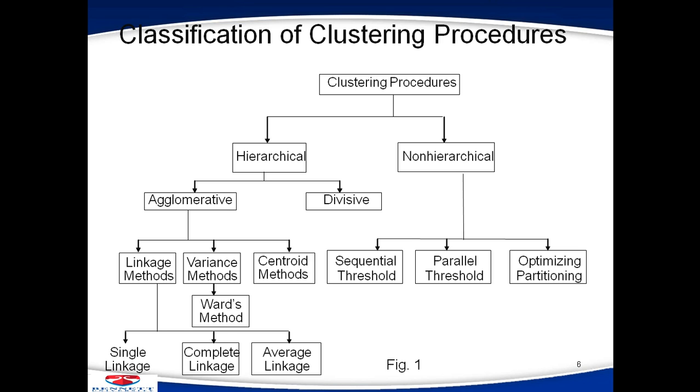The variance method is Ward's method, and the linkage method can be divided further into three parts: single linkage, complete linkage, and average linkage. So in the current presentation we will discuss hierarchical, agglomerative, divisive, linkage methods, Ward's method, and single linkage, complete linkage, and average linkage.